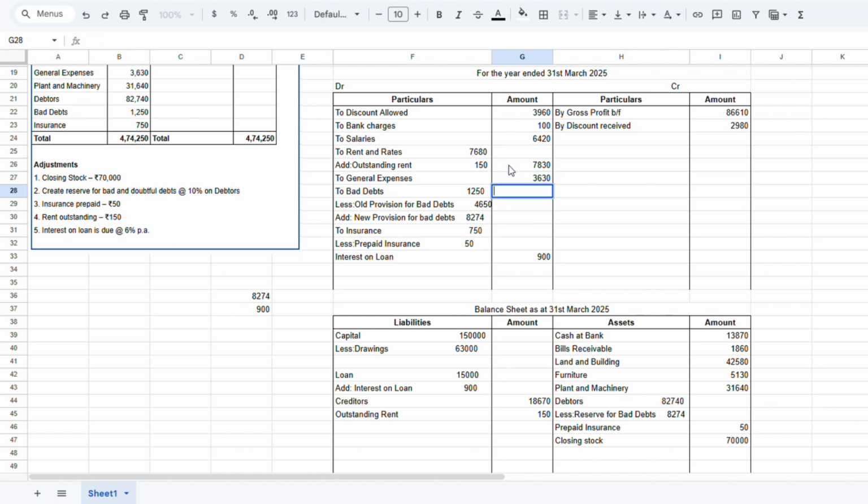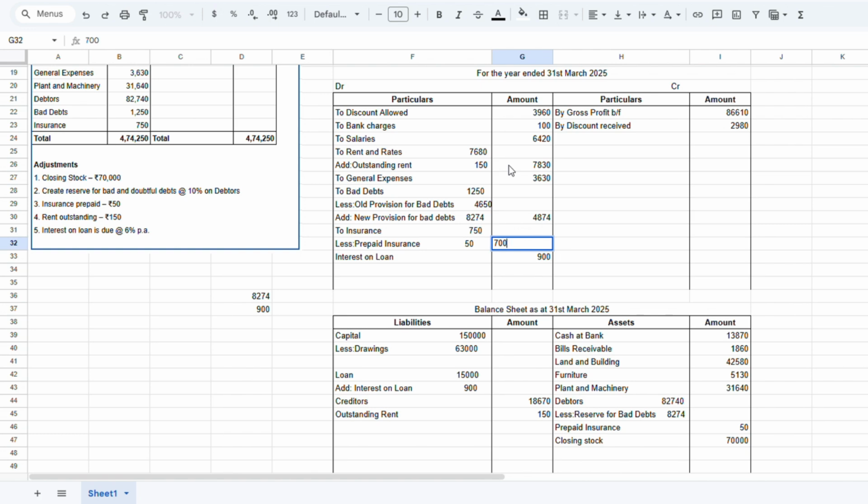Now 1,250 minus 4,650 plus 8,274 is 4,874. 750 minus 50 is 700.